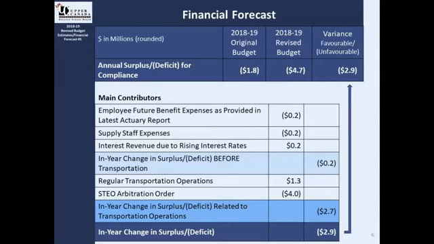The 2017-18 accrual of transportation expenses at year-end was higher than the actual expense that came in, and it created a one-time favorable impact on the 2018-19 year once the 2017 invoices were paid. Line 6 shows the impact of the steel arbitration order, and it represents the imposed arbitration order costs.